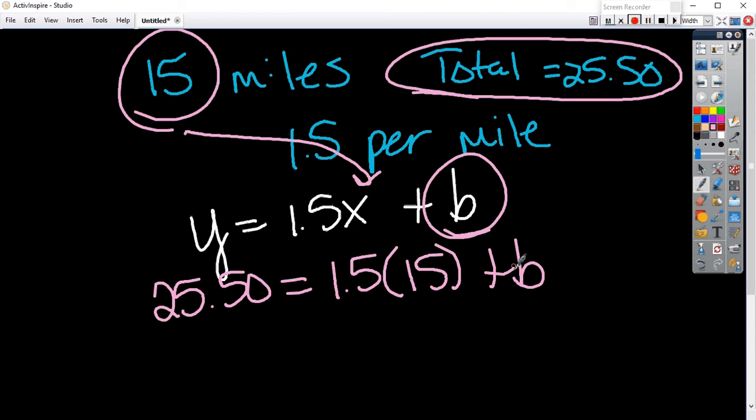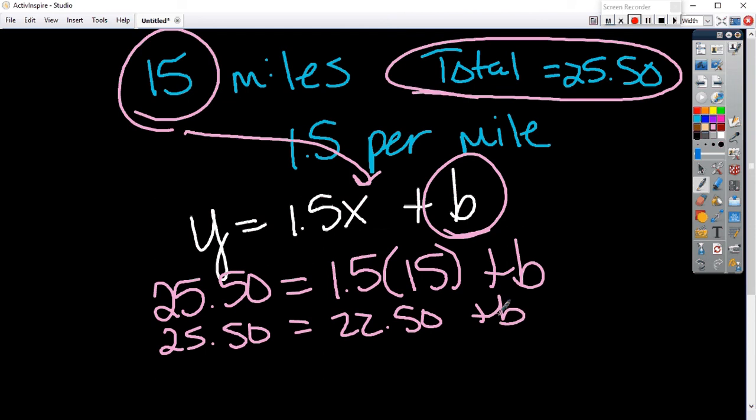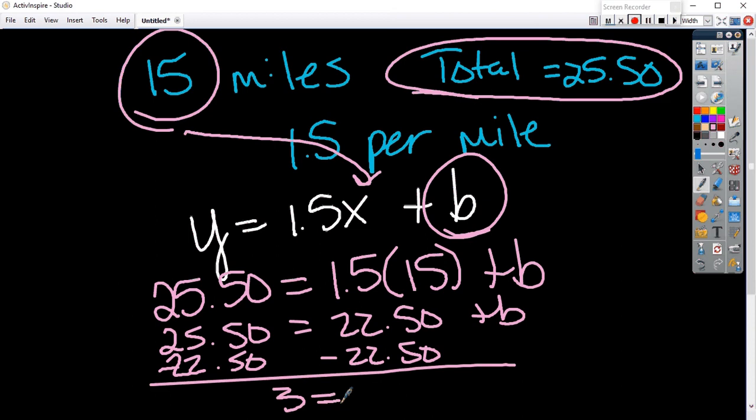1.5 times 15 is what? 22.50. Subtract 22.50 and you get $3. So tell me this: if you get in a cab in Washington, what is their fee, not counting miles? $3.